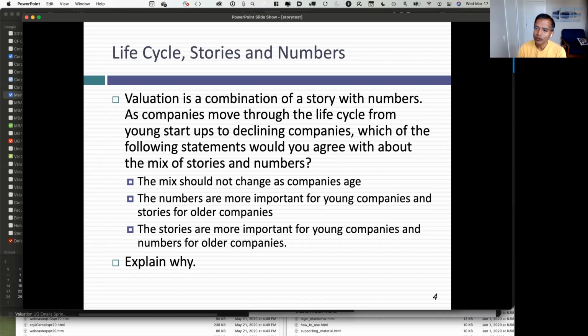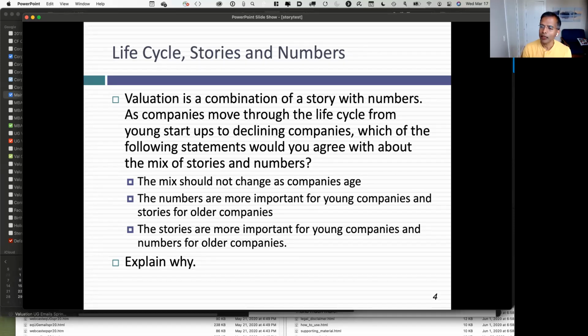So when you tell stories, the reason I bring this up is when I wrote my book, Narrative and Numbers, in 2017 about telling stories, people said, well, people have been doing valuation forever. How come we never needed stories? I mean, I started writing the first edition of my book in 1990.